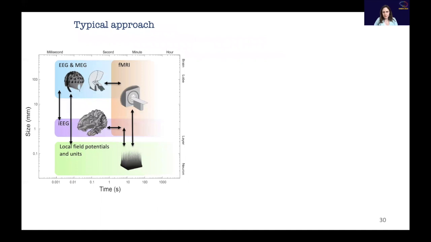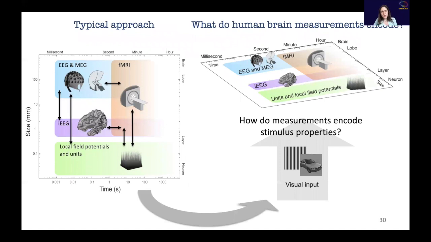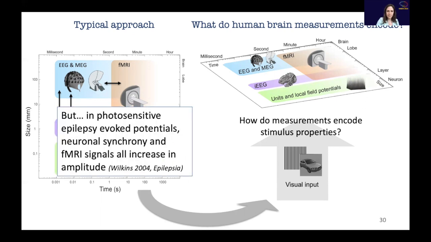And that's important because we first took this typical approach where we compared different stimuli, different measurements just in terms of their features. And now we ask the question about what do human brain measurements encode? And I want to come back to this example that I showed in the beginning of my talk, when we just compare and contrast different measurements.